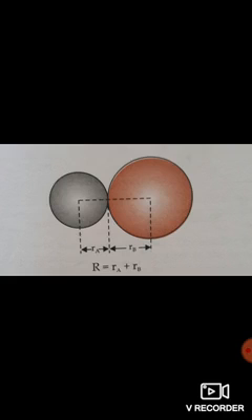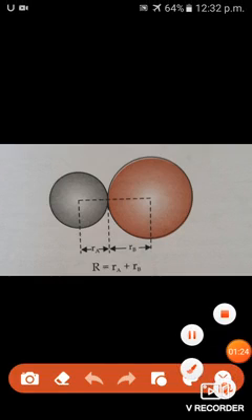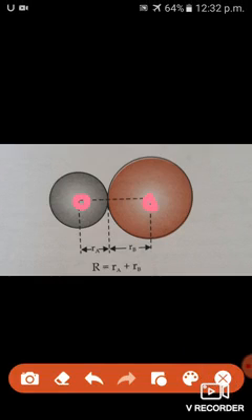We have one atom and another atom, so the distance between the centers of the nuclei, here is a center and here is also a center, so the equilibrium distance between the centers of the nuclei, that distance, is said to be the bond length.